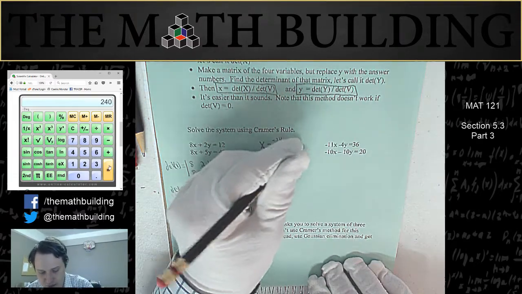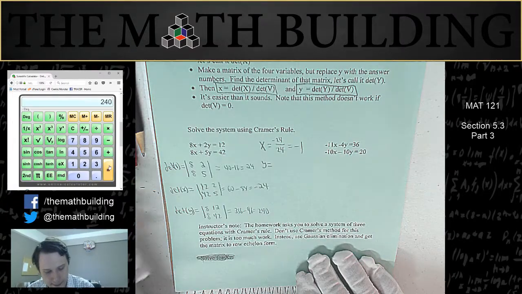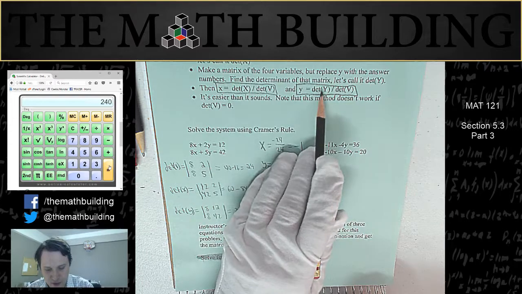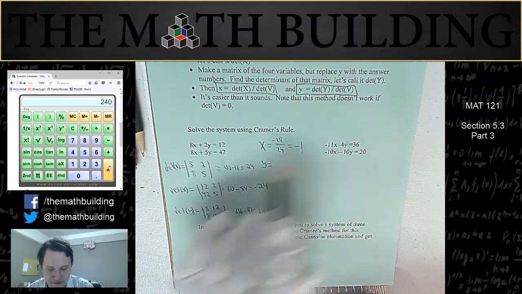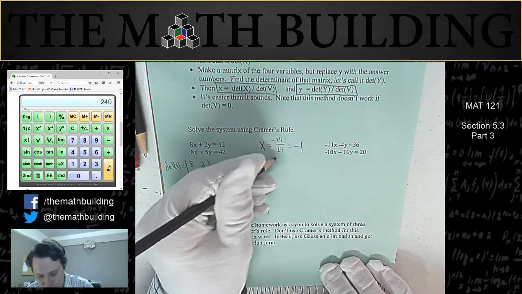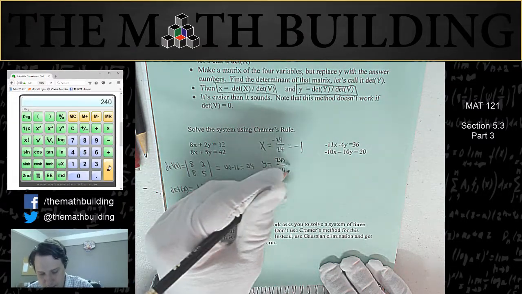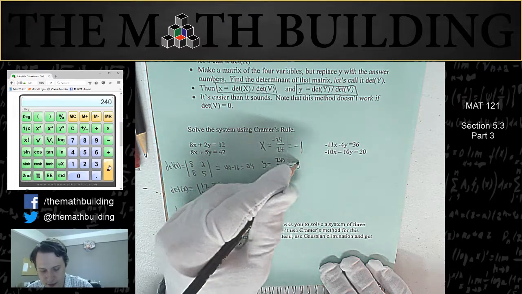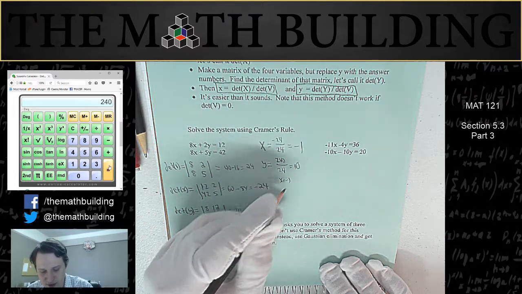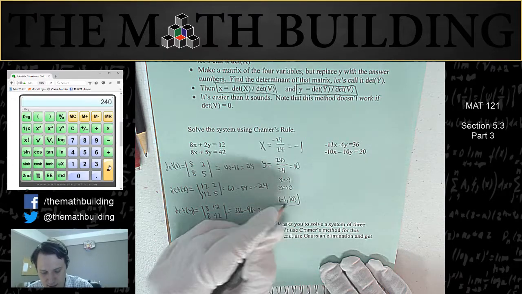So x just equals negative 1. That was easy. Now y. y is equal to the determinant of y divided by the variable determinant. So y equals 240 divided by 24, and y just equals 10. So the answer is x equals negative 1, y equals 10, or negative 1, 10.